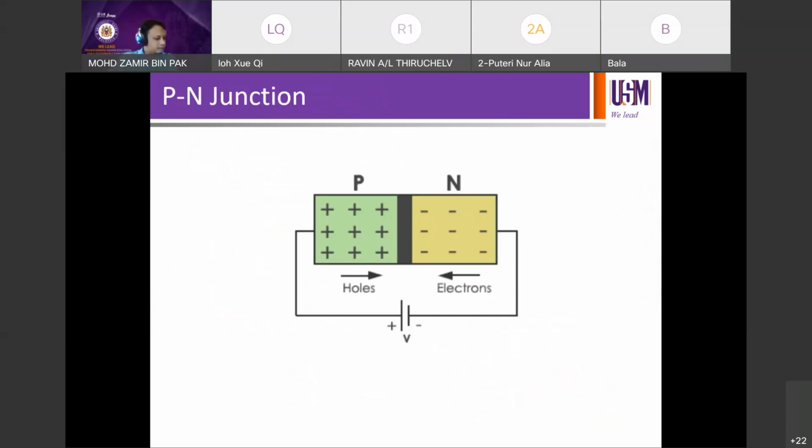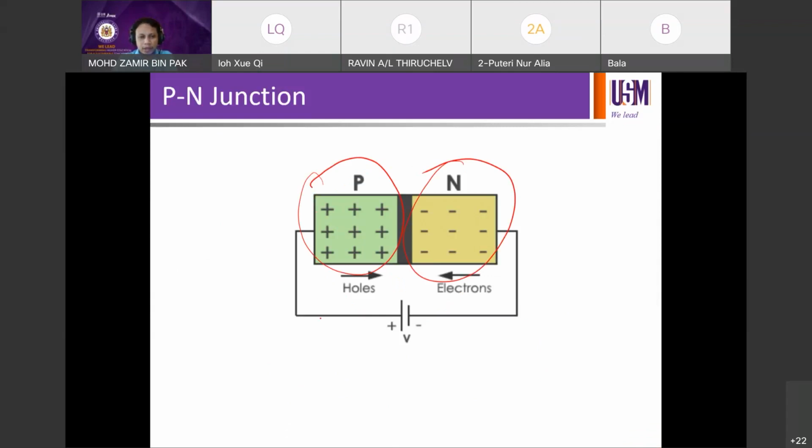So eventually, we're almost done with this. Later on, in week 6 or 7, I think, we're going to look into the formation of the p-n junction. A p-n junction simply means you combine p-type and n-type semiconductor materials together.